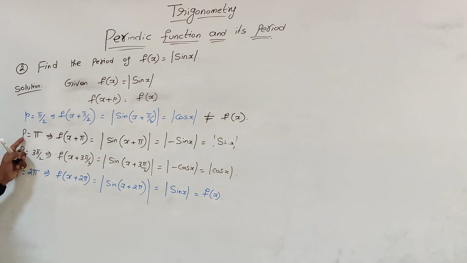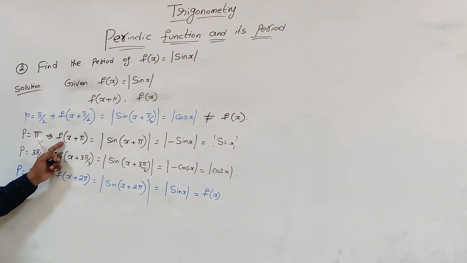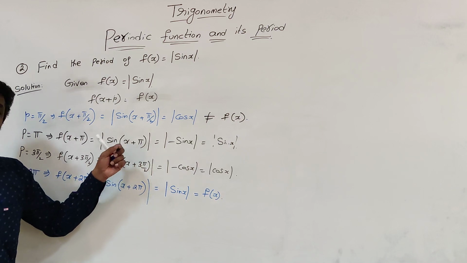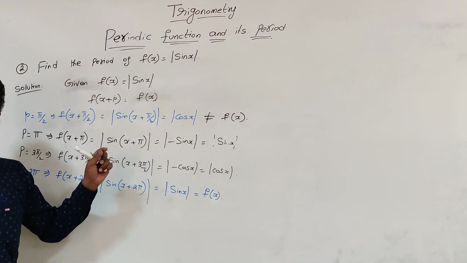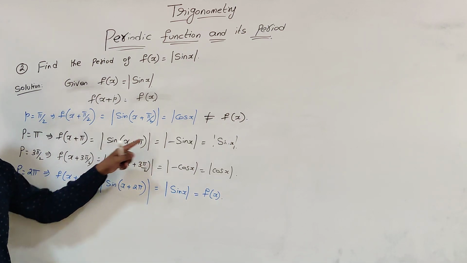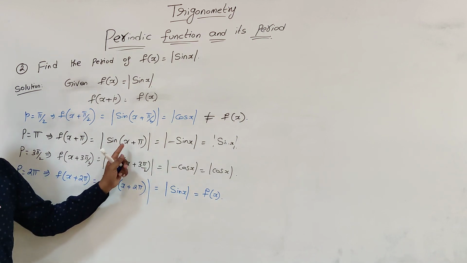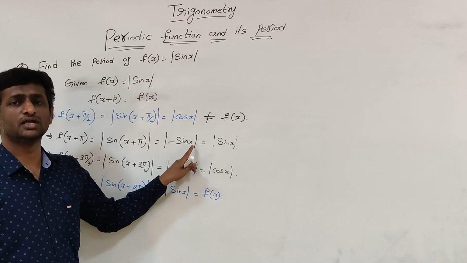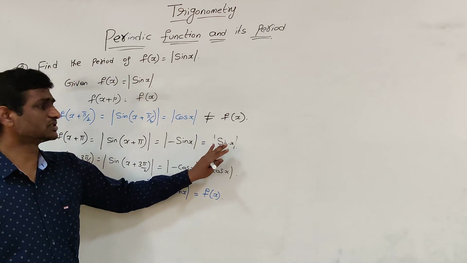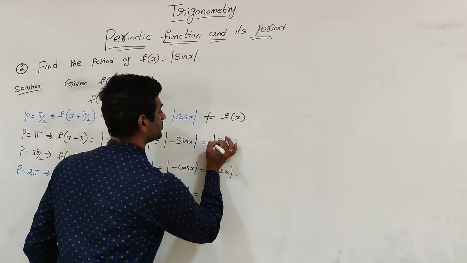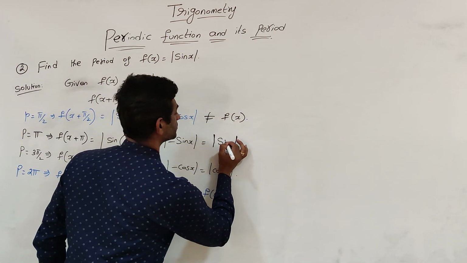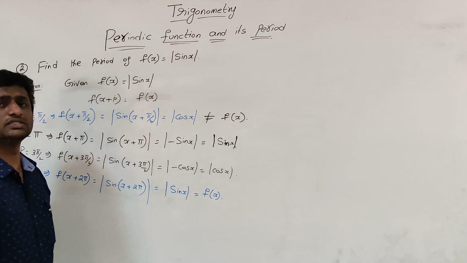If I go for p is equal to pi, f of x plus pi is modulus of sin of x plus pi. It is 180 plus theta, which lies in the third quadrant. In the third quadrant, sine has a negative sign, but the trigonometric ratio does not change. So it is modulus of minus sin x, which is the same as mod sin x, because modulus is always positive.